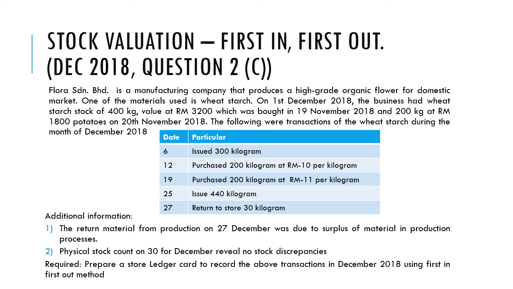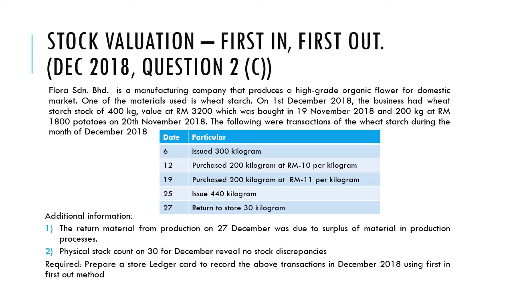And then they give you the list of transactions, or the list of activities that the storekeeper has made during the month. And then they give you the additional information: the return of material for production on the 27th here was due to surplus material in the production process.